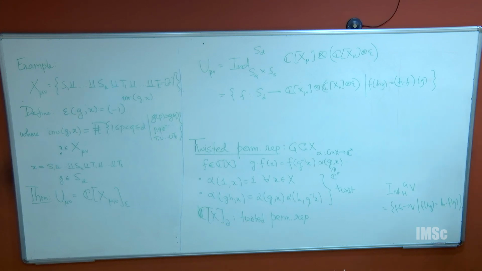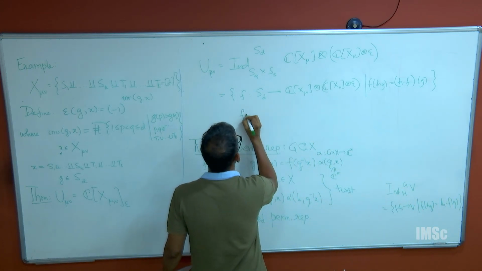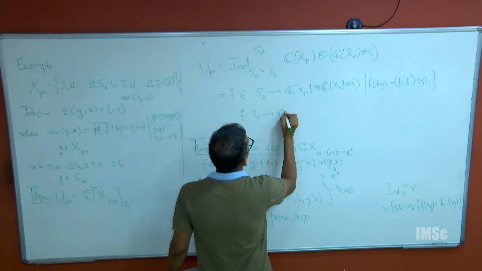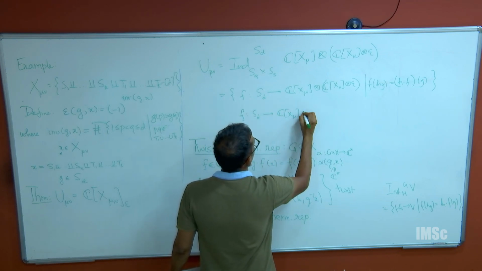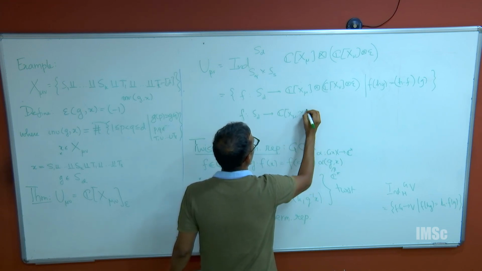Now you can think of a function from SD to C, and this thing as a vector space you can think of as X mu cross X nu.